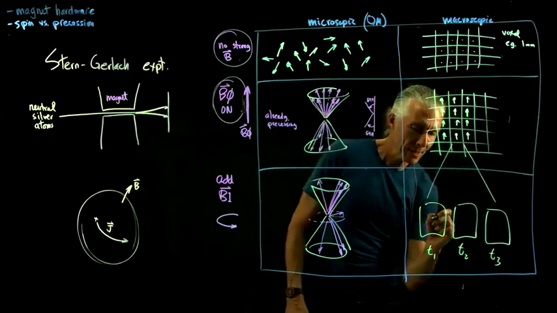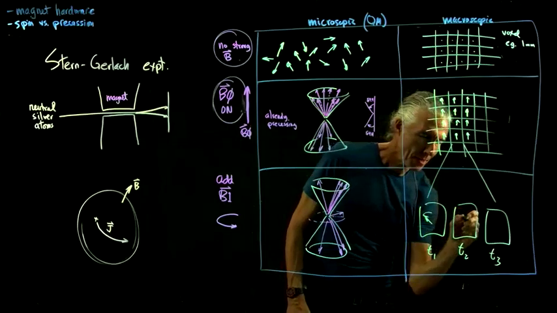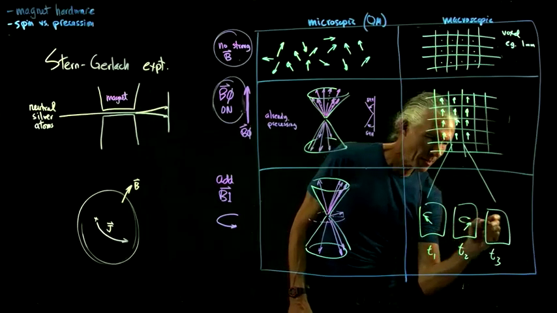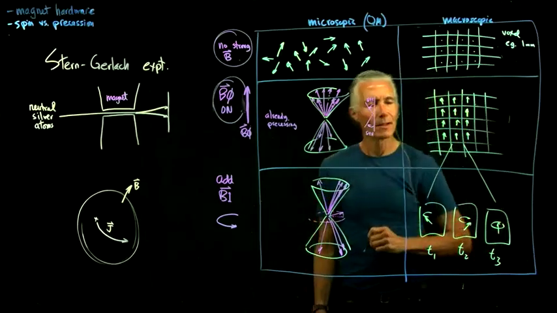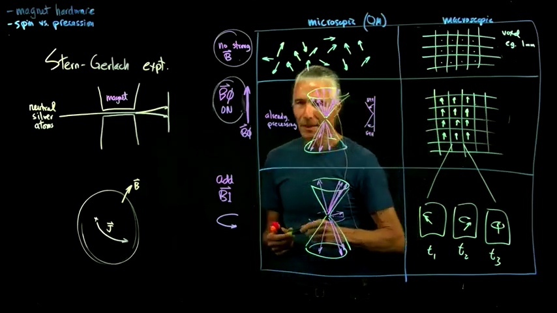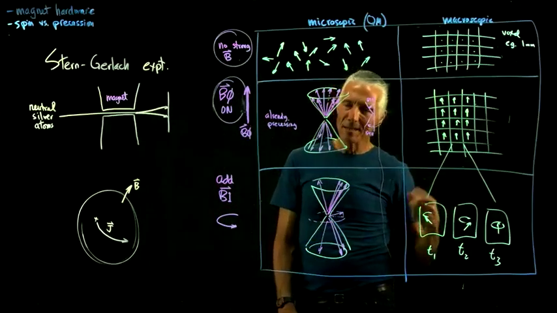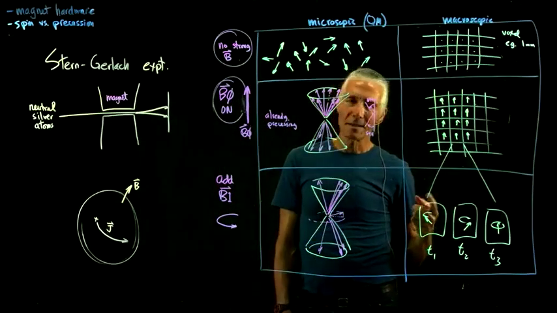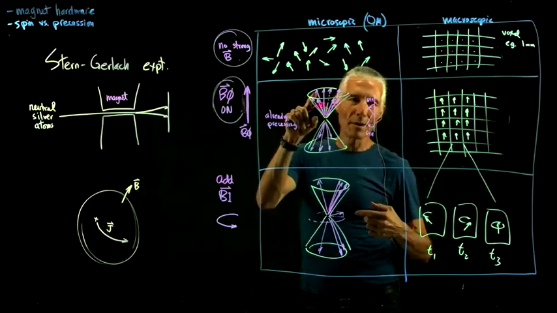Now that vector, at different points in time, is going to be rapidly rotating around like that. That will make a signal. When you rapidly change a magnetic field, that makes a signal that we can pick up with a coil.